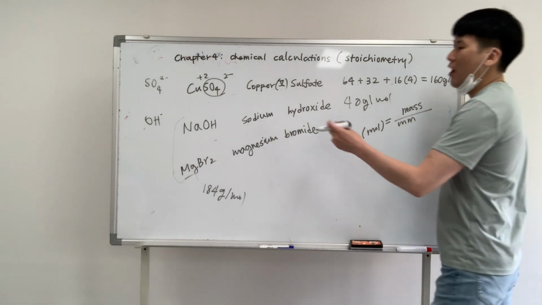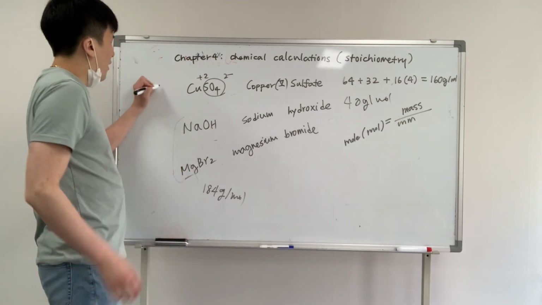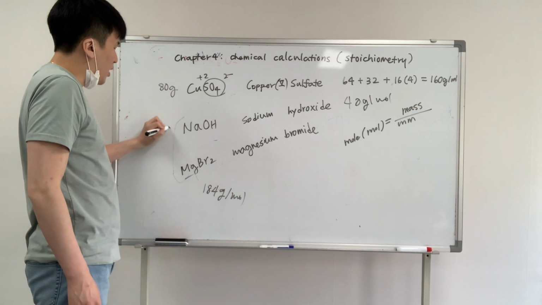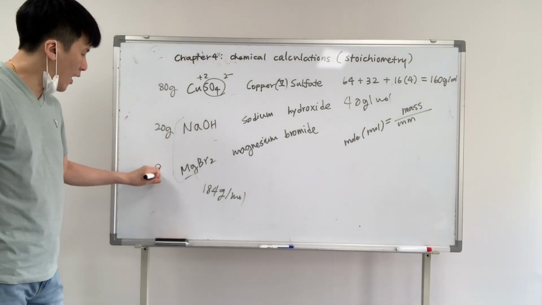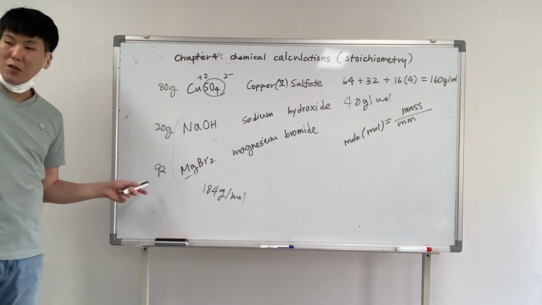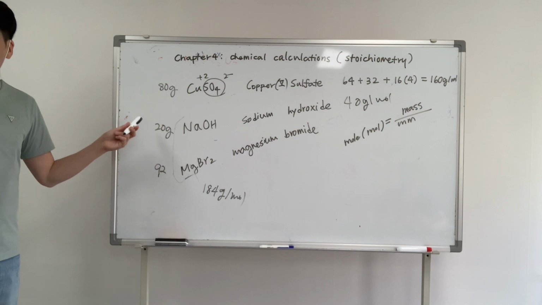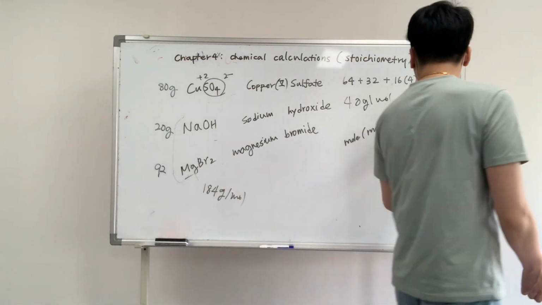But for example, the problem gives you this. We have, say, 80 grams of CuSO4, 20 grams of NaOH, and say 92 grams of MgBr2. Then that's mass, alright? And if the question says, please calculate the number of moles, you simply apply this formula.